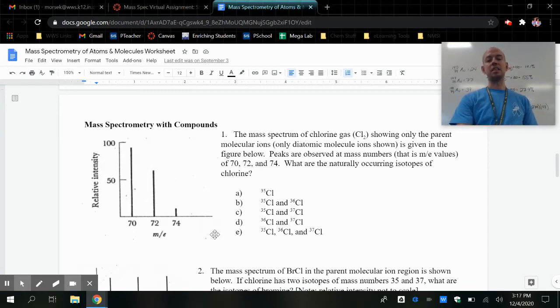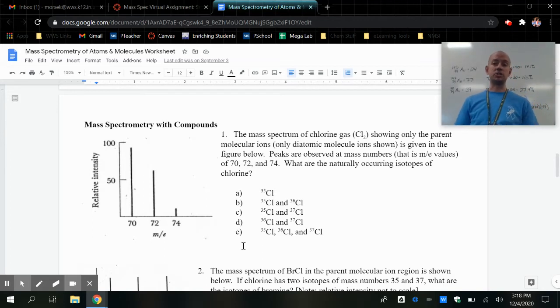We'll see that that eliminates 36 as the only other combination because a 36 and a 36 doesn't add up to that. We need a heavy enough atom that when I put two chlorines together, it can add up to 74. So we think that has to be 37. So we've eliminated some others. It can't be A, it can't be B, it can't be D. So we're thinking between C and E.